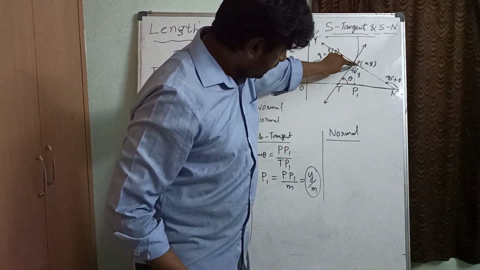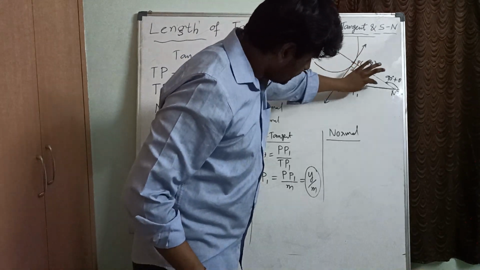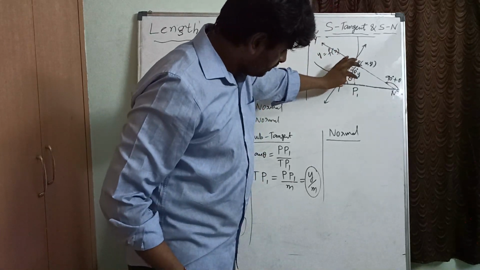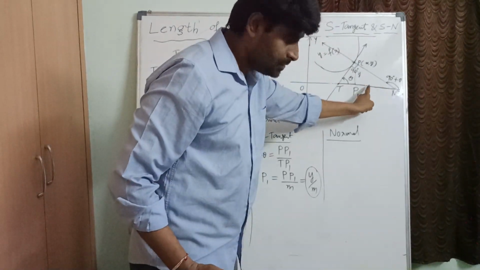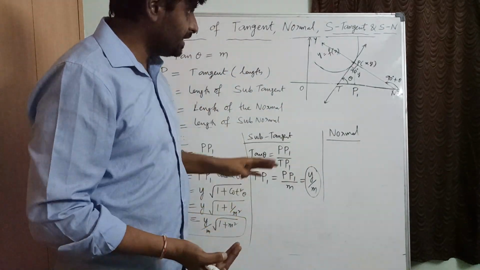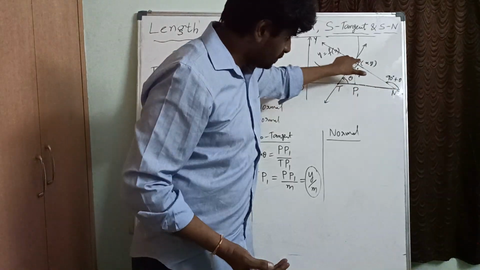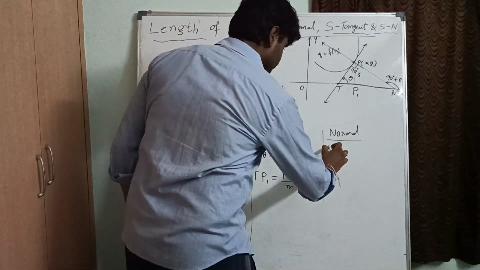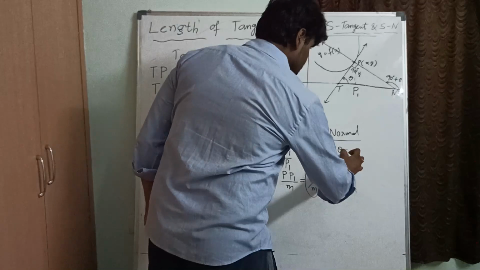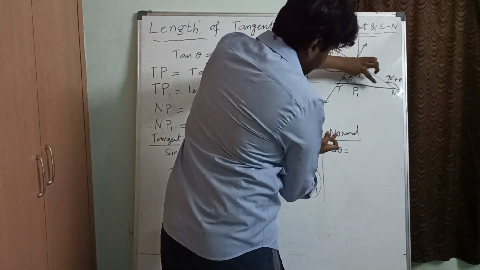We don't know NP1, which is the length of subnormal, that we haven't found yet. We know the adjacent and the hypotenuse, so cos theta I can take.